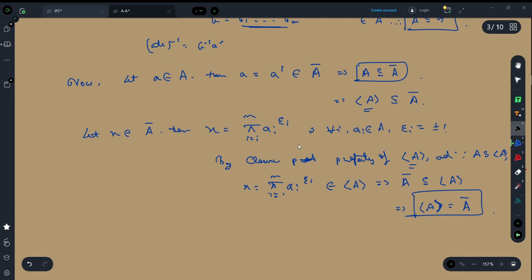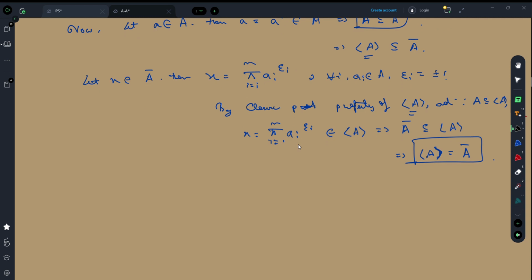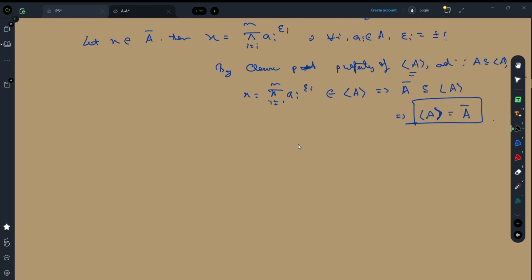Okay, is it clear? Now if we consider G to be an additive group, then this A closure is typically the collection of all finite sums of the elements in A. I guess this is clear.